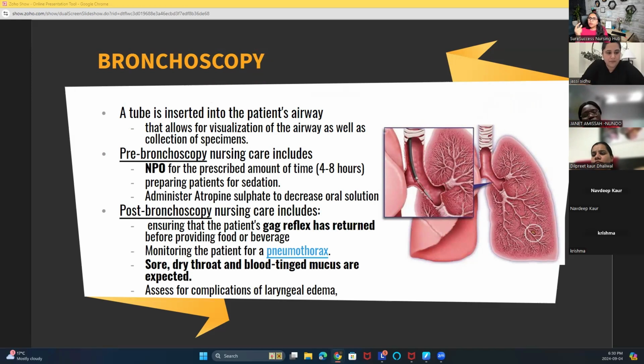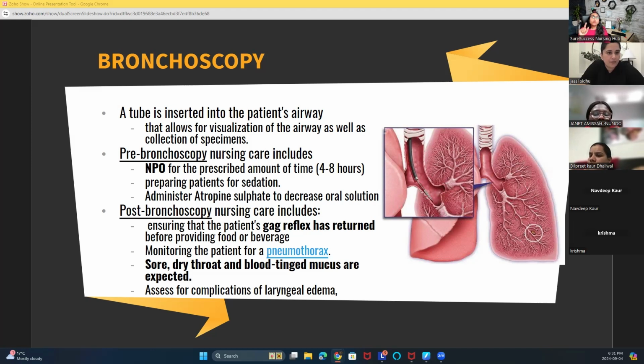It depends where you are inserting the camera. Another very important tip, students: whenever you are inserting any unnatural thing, the plastic things or any kind, like an ET tube, endotracheal tube, bronchoscopy, colonoscopy, endoscopy, we are humans, we are not God. There is a chance when you are inserting that you can puncture the organ.